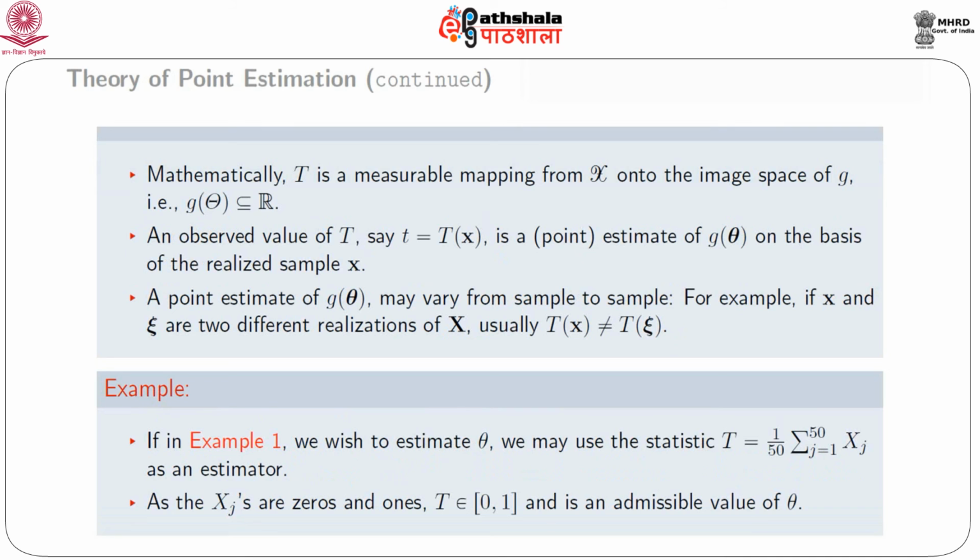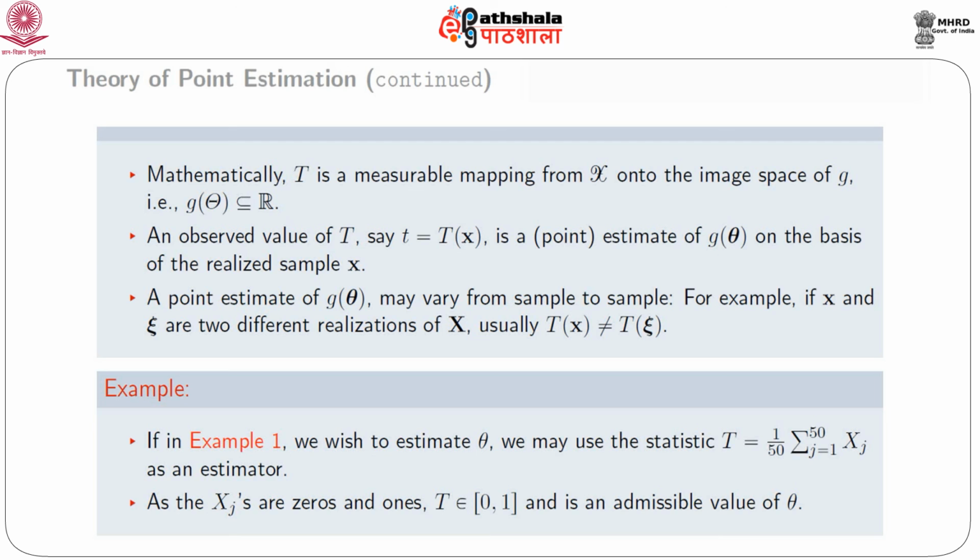Mathematically, capital T is a measurable mapping from script X onto the image space of g, that is g theta is a subset of the real line. An observed value of T, say small t, is called a point estimate of g theta on the basis of the realized sample x.